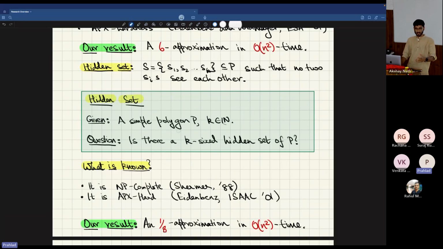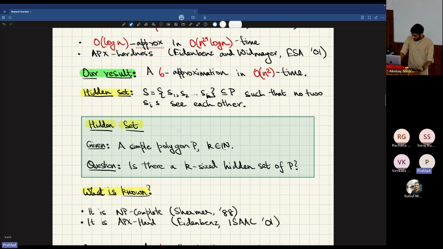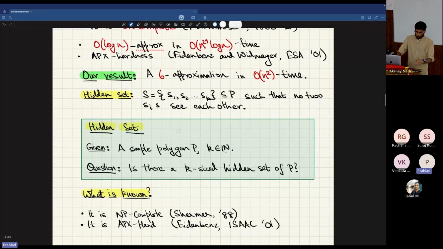That's the problem that they studied, and they have a 1/4 approximation for that. So that's about what I would say for prior work. There is some stuff for polygons with holes, but I'll save that for a little later. I'll stop here for a moment for any questions.